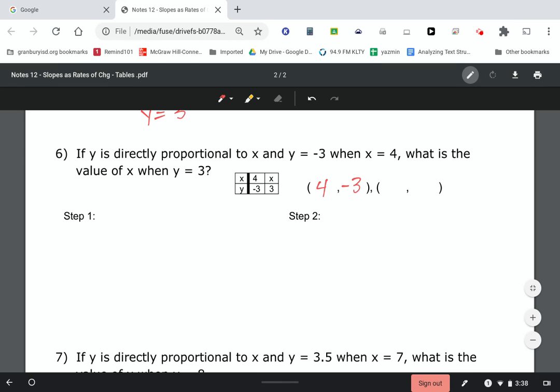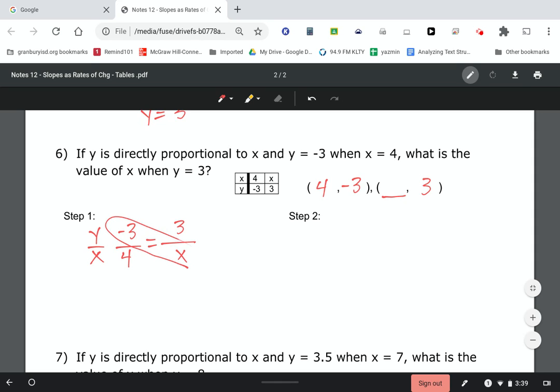What is the value of x when y is 3? Remember we're going to do y over x. Our y value in the first ordered pair is negative 3. Our x value is 4.